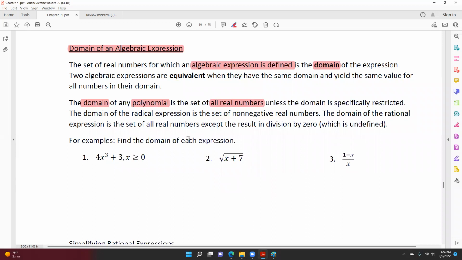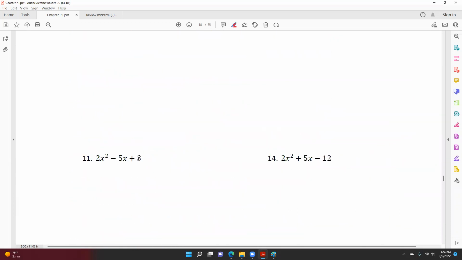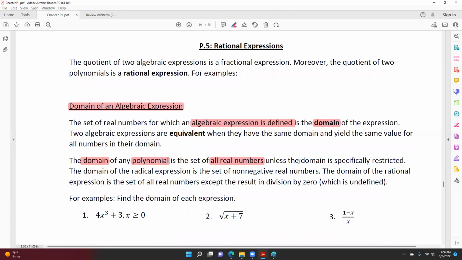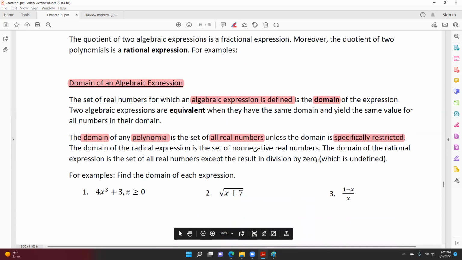Polynomials are like x cubed and x squared, the ones you did in P4. These are all polynomials that we tried to factor. The domain in this case is all real numbers unless it is specifically restricted. I will tell you what that means shortly.